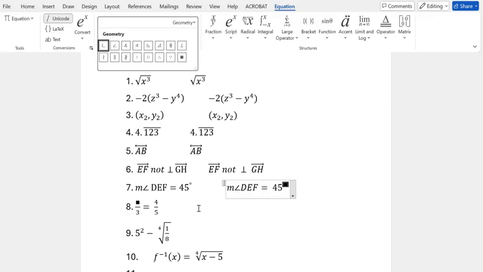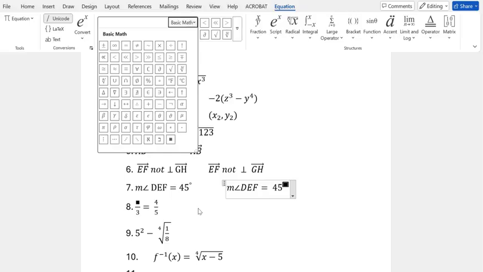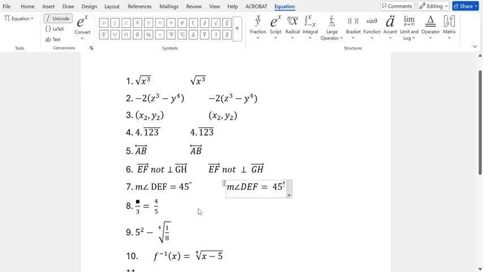Navigate with the arrow keys, Shift Tab, gallery filters group, expanded. Letter-like symbols button, Greek, basic math. Then the equation symbol, degrees button, 30 of 70, enter. Okay, and that's how the degree sign gets on there.